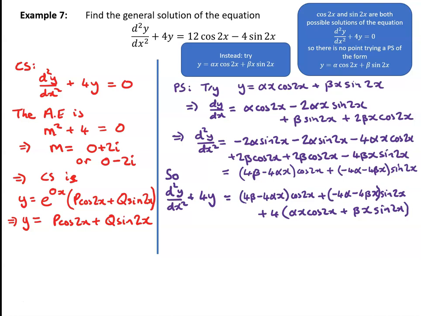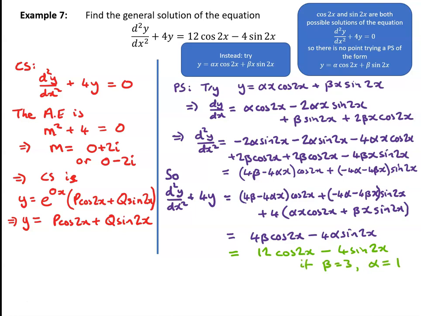And that just leaves me with all the alpha x cos 2x terms cancel, the beta x sin 2x terms cancel, so we're just left with 4 beta cos 2x minus 4 alpha sin 2x, which will equal 12 cos 2x minus 4 sin 2x if beta is equal to 3 and alpha equals 1. So that means that I've got a particular solution is x cos 2x plus 3x sin 2x.